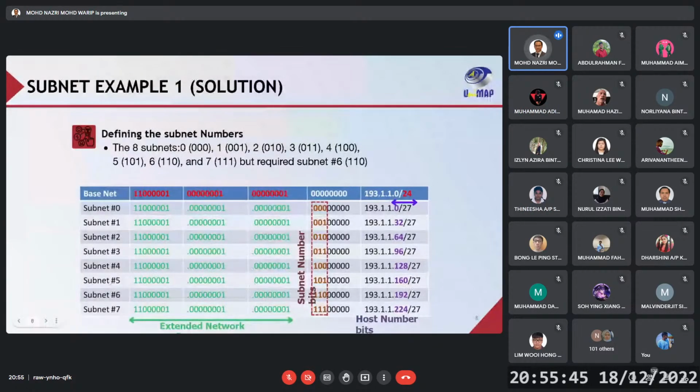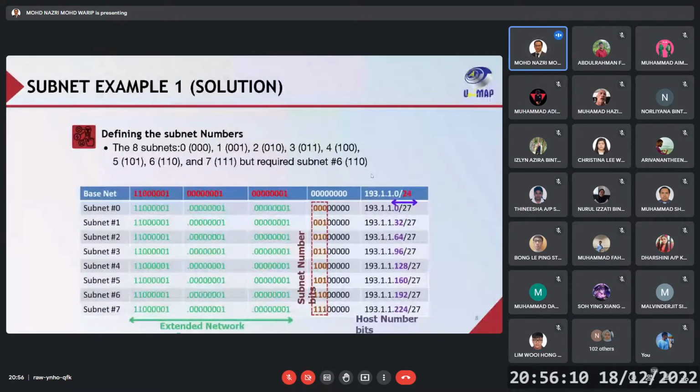Normally we take this one. So remember, the base just now is 193.1.1.0/24. This is the base. So what's the binary number? This one. Okay, subnet number 0. That means branch.